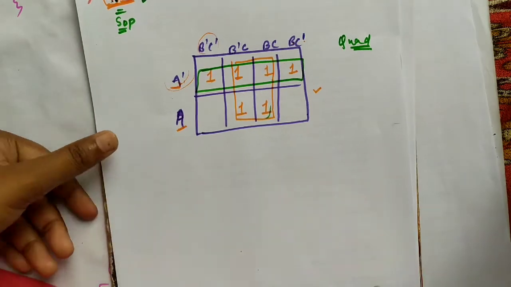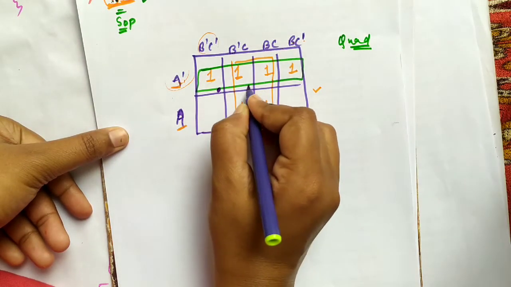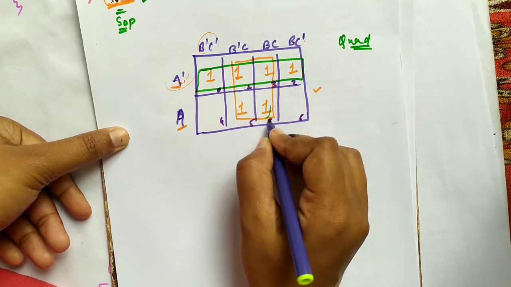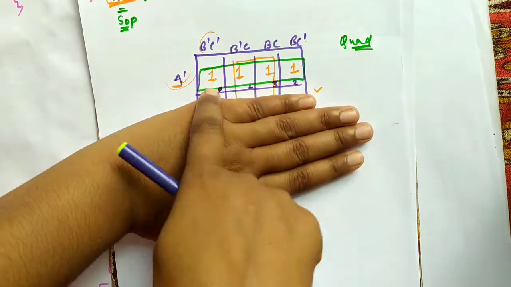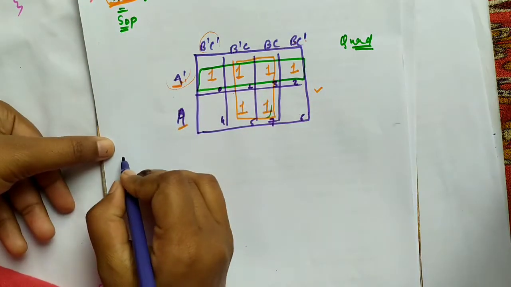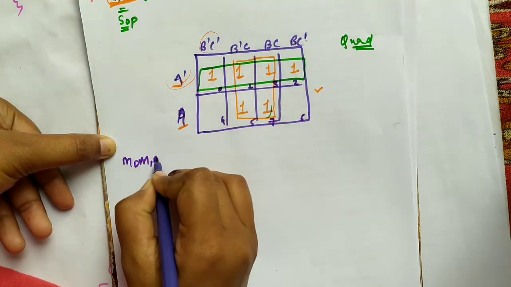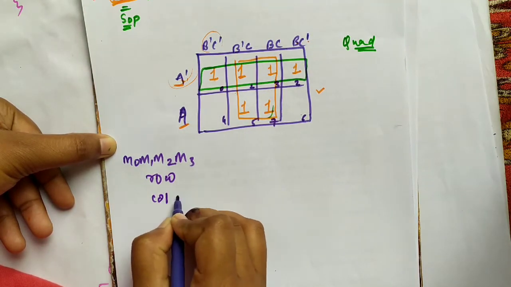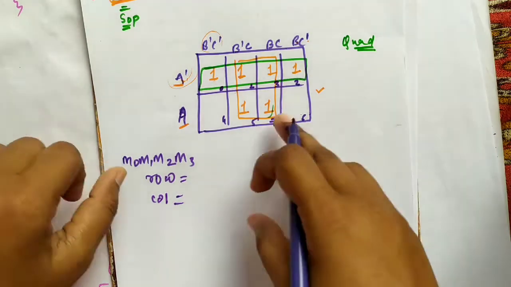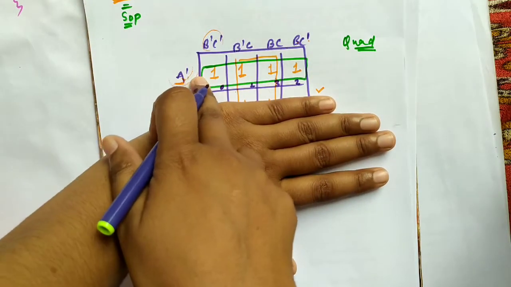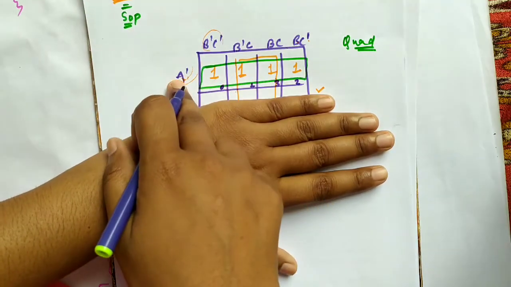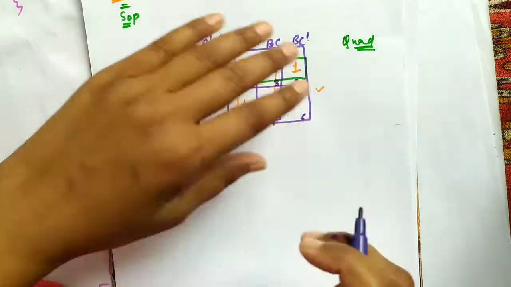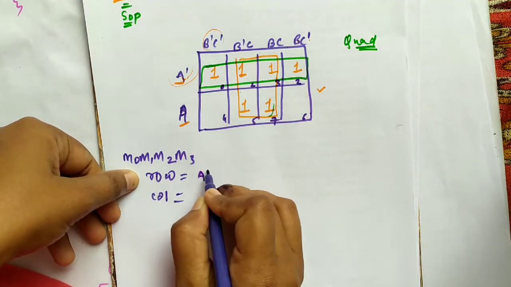So let's write the terms, that is 0, 1, 2, 3, 4, 5, 6 and 7. Firstly make this quad, that is 0, 1, 2 and 3. So here we write M0, M1, M2, M3 in the row and column. In that one, the whole quad is available in the first row. The name of that row is A dash, so in the row we write A dash.